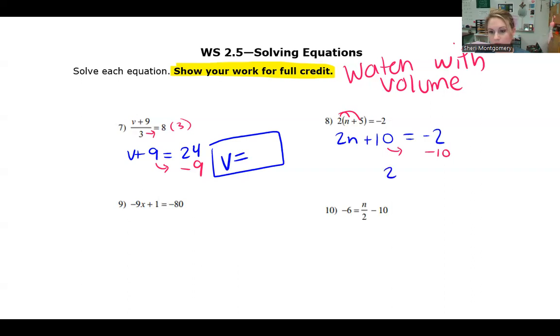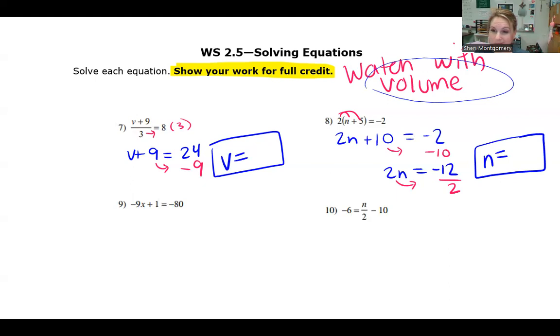So we end up with 2n is equal to negative 10 minus 2, so negative 12. And our very last step, we're multiplying by 2, so we will divide by 2. So we end up with n is equal to negative 12 divided by 2, and that is negative 6. Watch with volume.